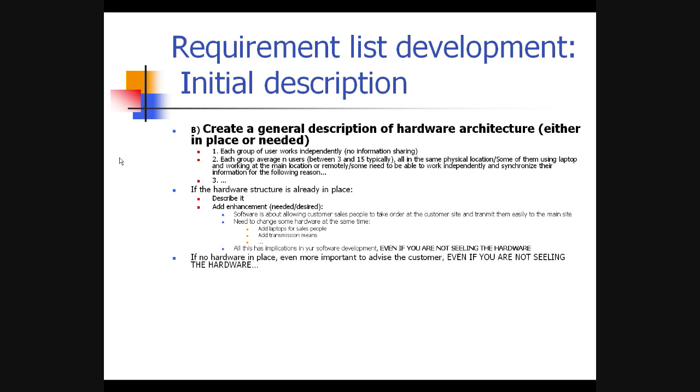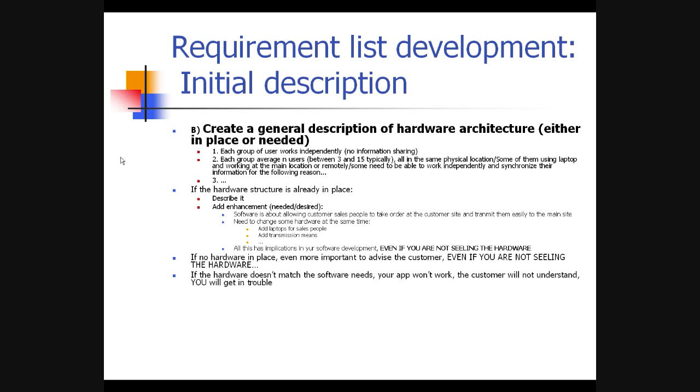Because clearly if you are telling the customer, okay, I'm going to create your software for network use, and the customer just buys 10 beautiful iMacs, okay, my software is working under Windows, so now we need to add Windows on the iMacs, and it's not in the initial budget, and so on. So you really, as the software guy, have an extremely important role as the hardware advisor. Of course, you can also sell the hardware if you want to do that. That's really a question of organization.